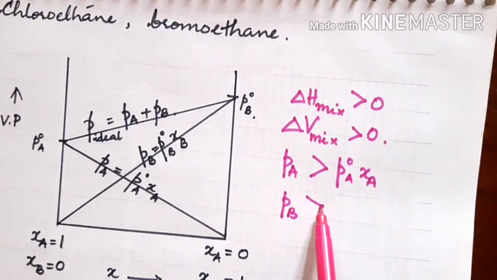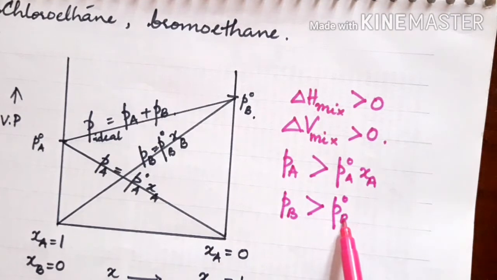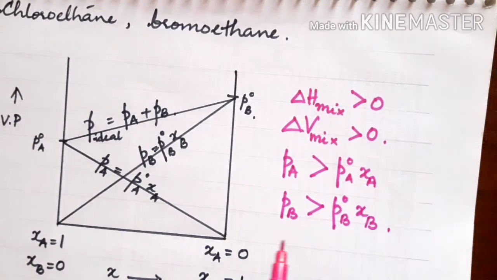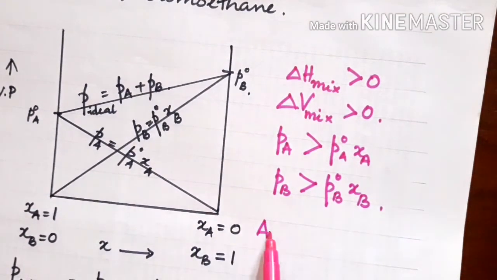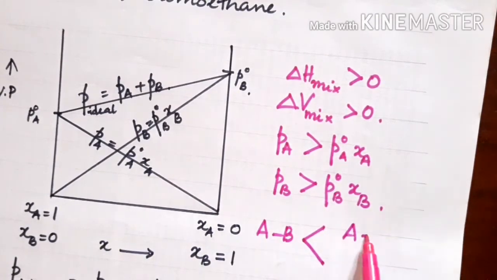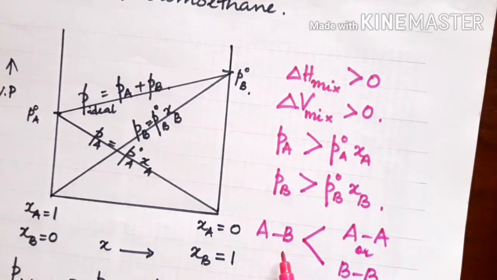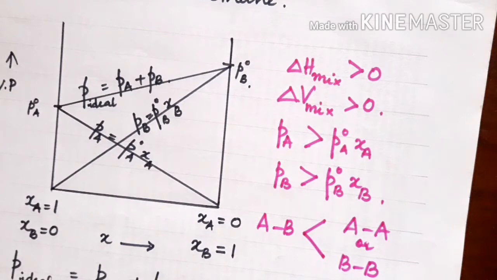PB must be greater than P0B XB. And the last condition is A-B interactions are weaker than A-A or B-B interactions. That is, solute-solvent interactions are weaker compared to solvent-solvent interactions or solute-solute interactions.